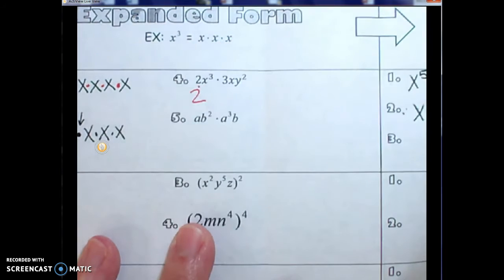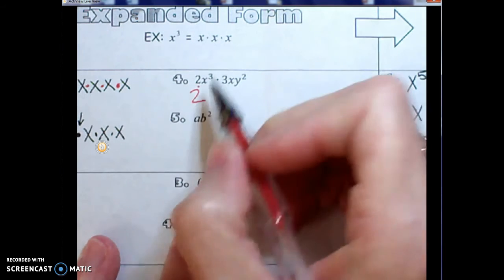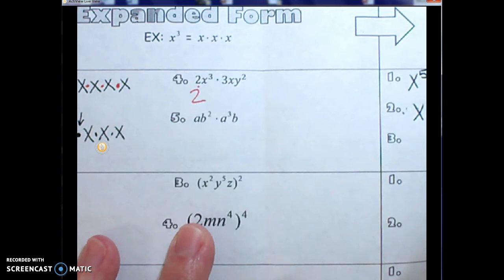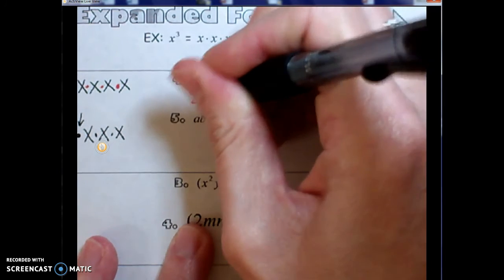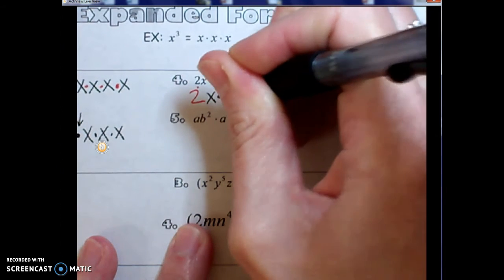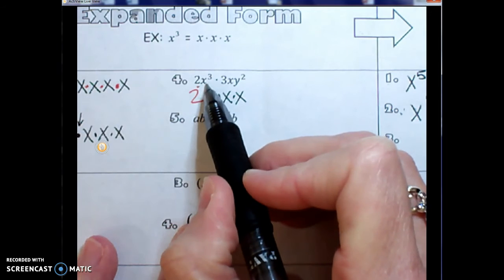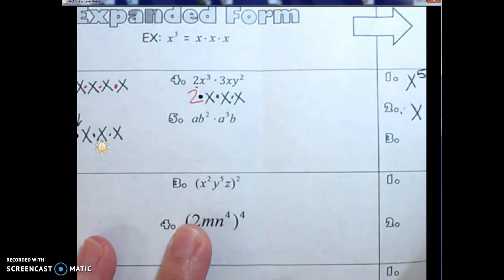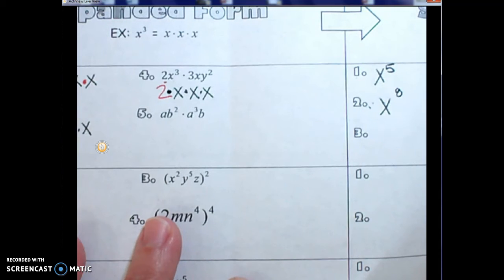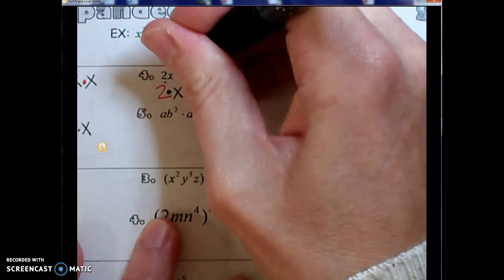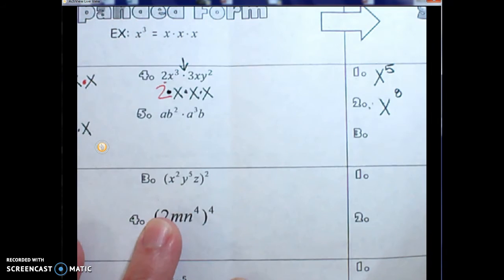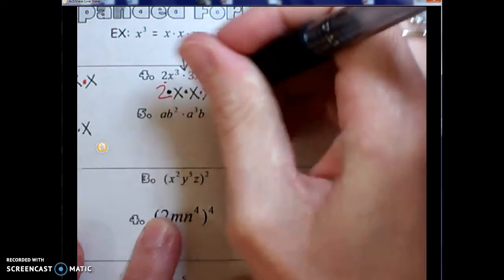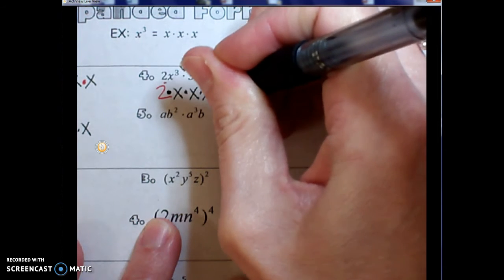So I have a 2. If I have x to the 3rd power, how many x's is that? 3. So I'm going to list those 3 out. How is that 2 attached to my x to the 3rd? Multiplication, so I'm going to put that symbol in here. Then I have another multiplication symbol connecting 3xy squared, so I'm going to make sure I put that in my expanded form.